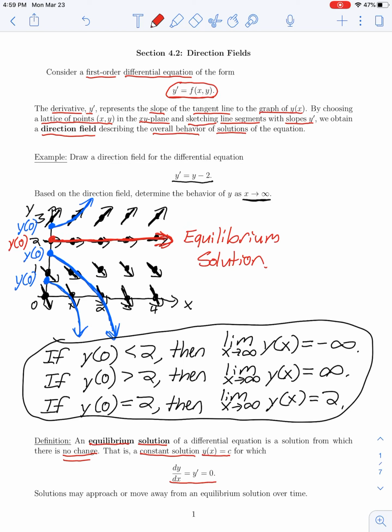They're moving outward from that solution. Now, in other examples, we'll have solutions that move towards that equilibrium. So in general, we'll say that solutions may approach or sometimes move away from an equilibrium solution over time, or as x becomes larger.